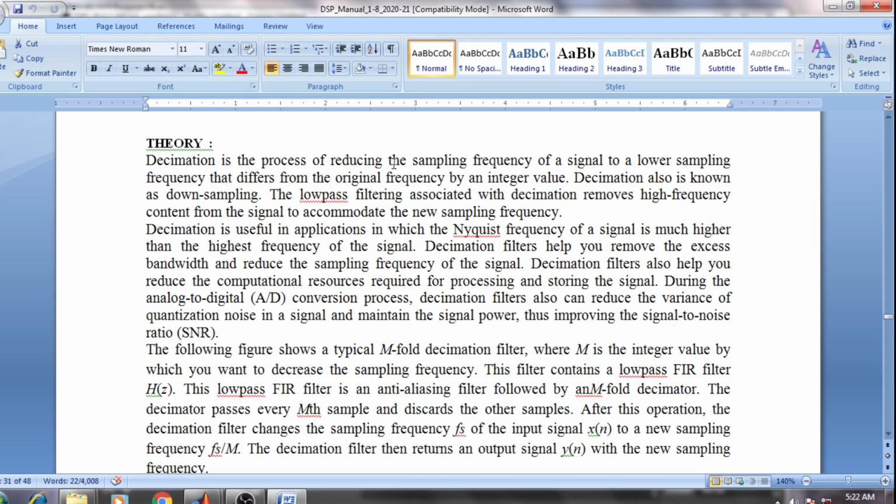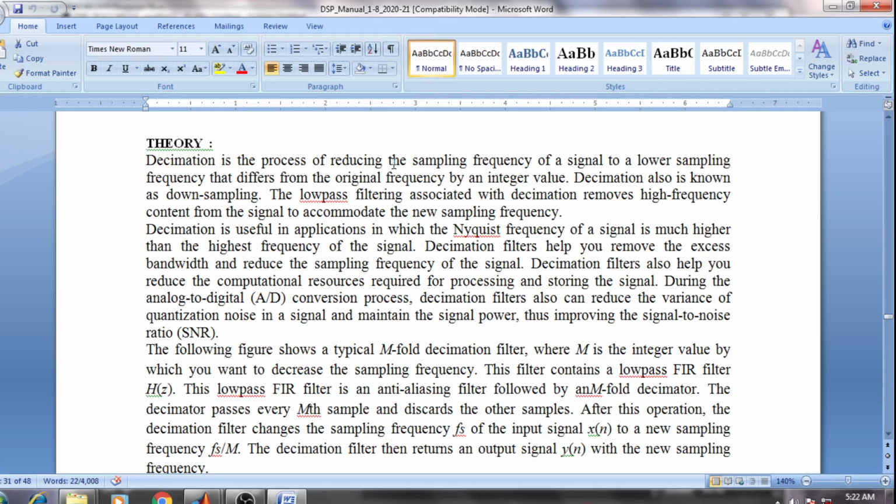So in simple words we will say decimation is nothing but down sampling. It is very simple, down sampling and up sampling of the signal. In the same way, here we will say decimation is a down sampling process. The low pass filter is associated with the decimation and it removes the high frequency content from the signal to accommodate the new sampling frequency.